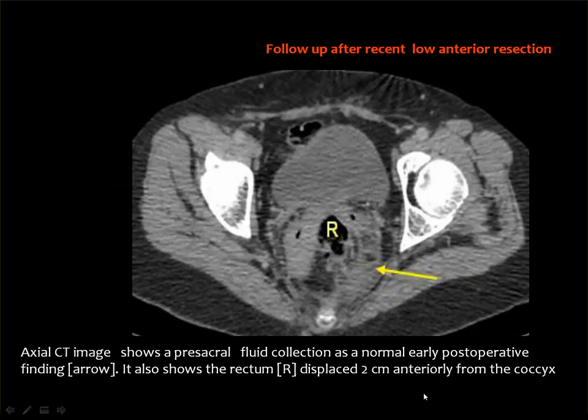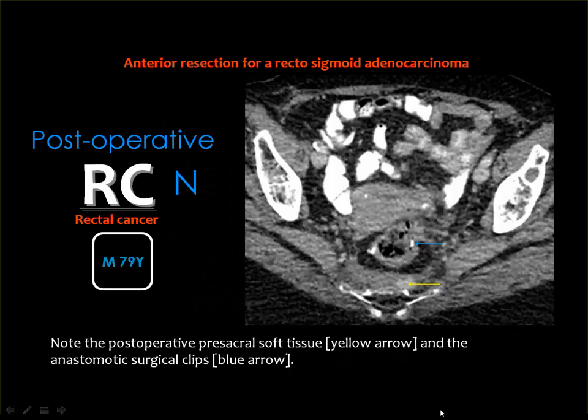And here are the early postoperative changes where you got edema, swelling, and granulation tissue surrounding the rectum, and this is considered an early normal postoperative change. And here also you see that the sutures are radio opaque in the CT scan.